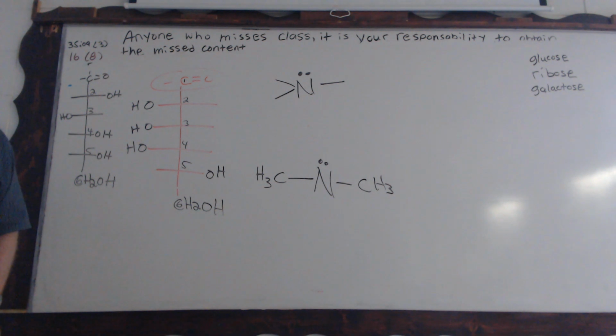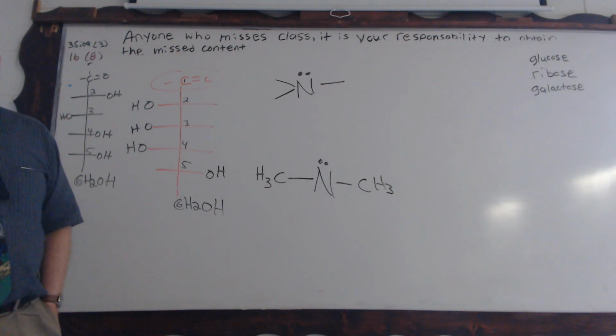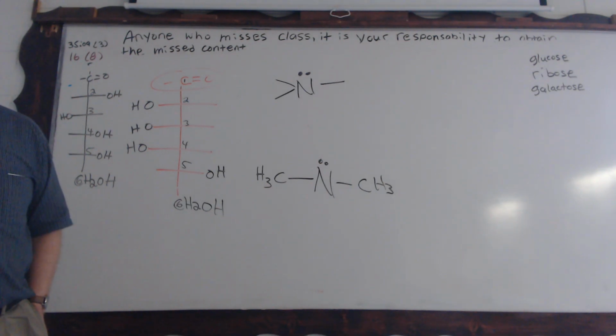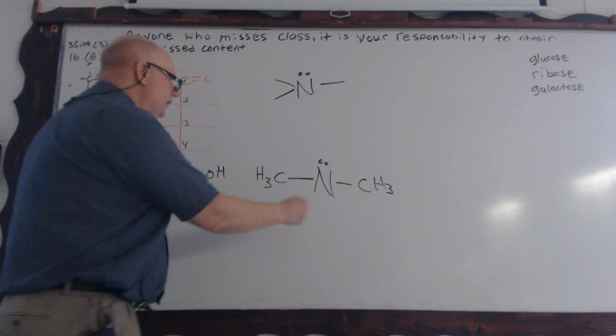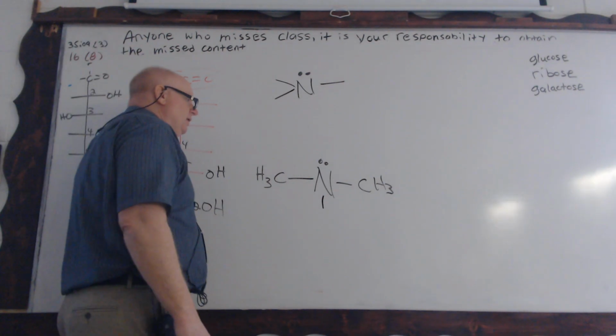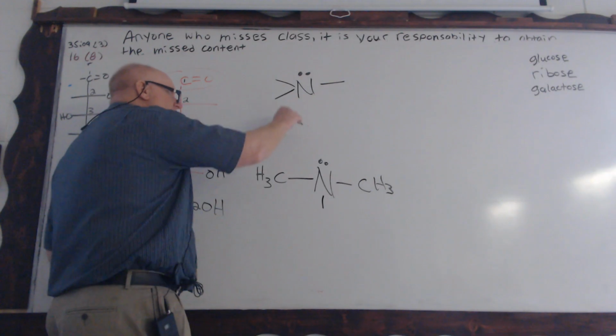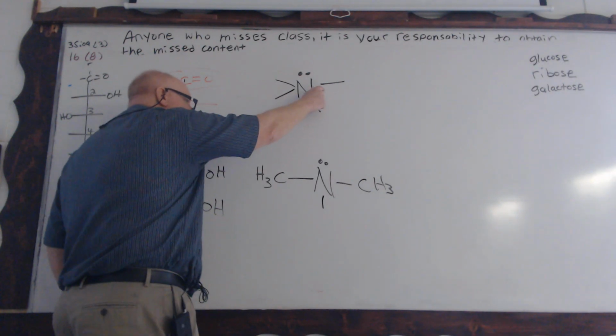Is it an alkane, alkyne, alcohol, acid, amine? Yeah, it's an amine group because, as you can see, I missed one here, because it's got 3 bonds to it, just like this forms 3 bonds.